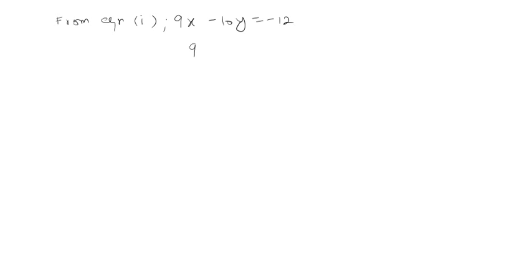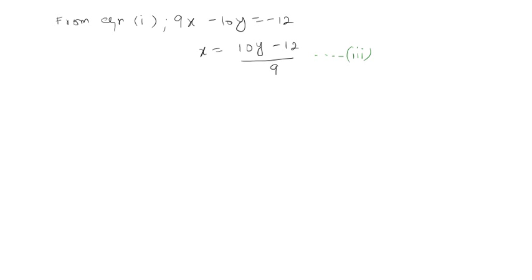So x is equal to 10y minus 12 upon 9. Again I have written directly. You can also write it. I have first shifted this minus 10y to here, it becomes plus 10y, and minus 12 is already there, and 9 comes here, right? So this is our third equation now.